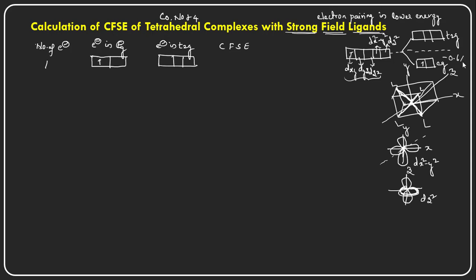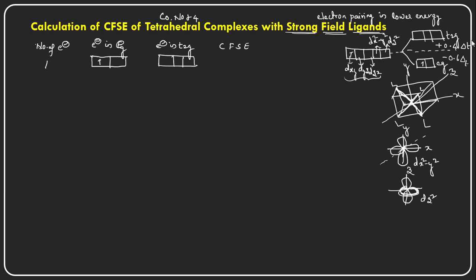minus 0.6 delta T, and each one of the T2g orbitals is increased in energy by plus 0.4 delta T. So this is completely converse to the octahedral crystal field splitting, right?